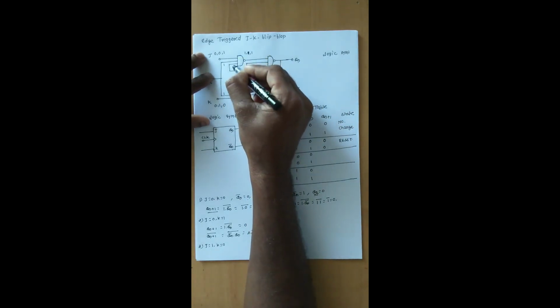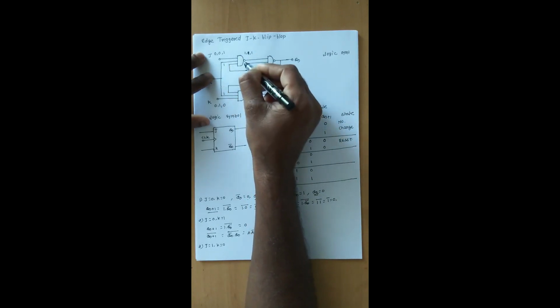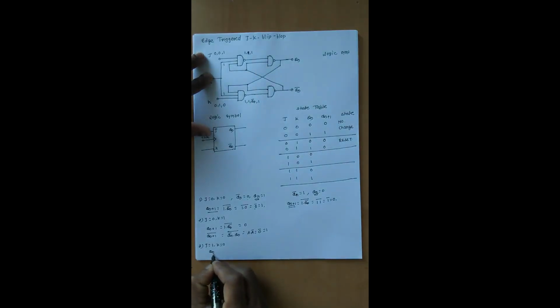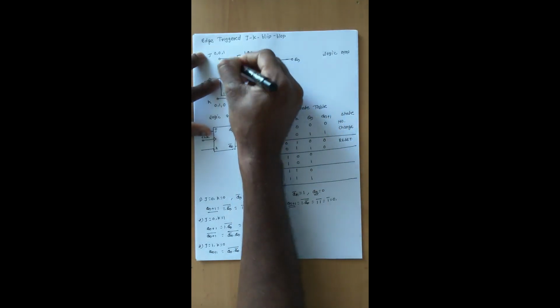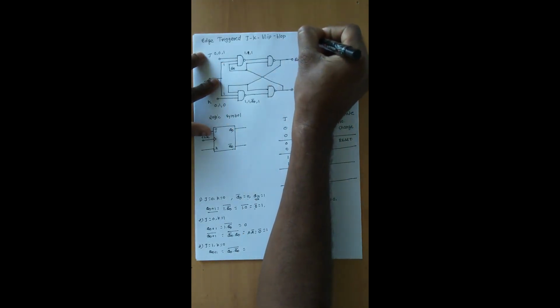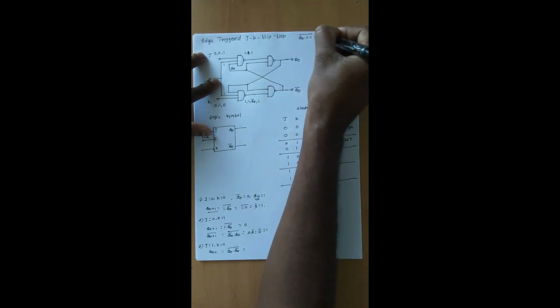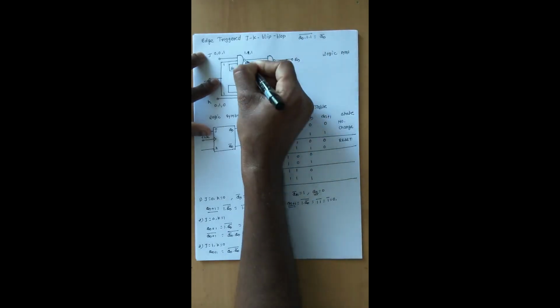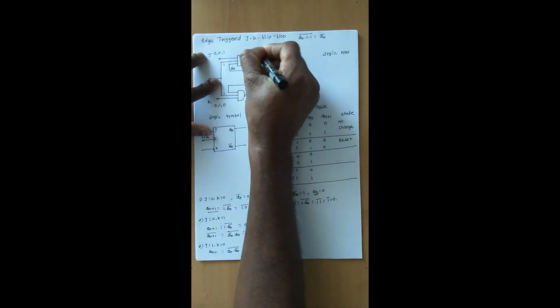Okay, so Qn bar into 1 and its whole bar becomes Q of n plus 1. This is Q of n into Q of n bar and its whole bar, because this is given here, this is the value of Q of n into 1 and its whole bar, which is nothing but Q of n bar.